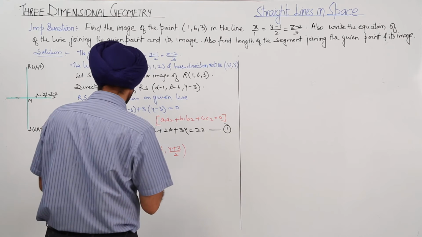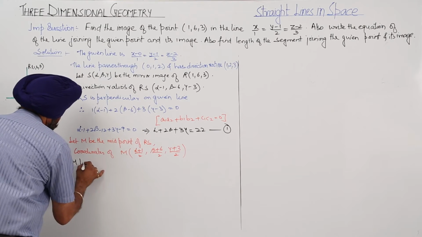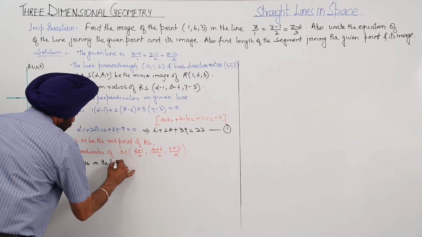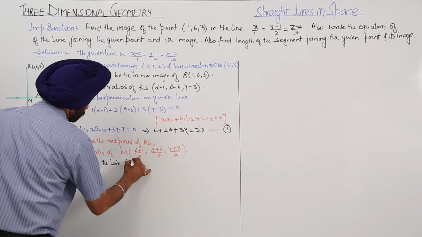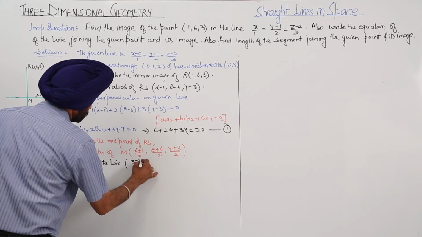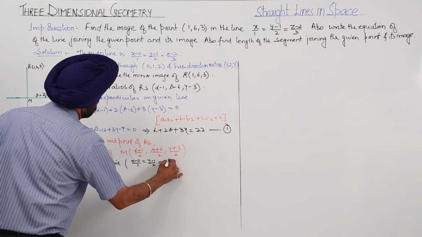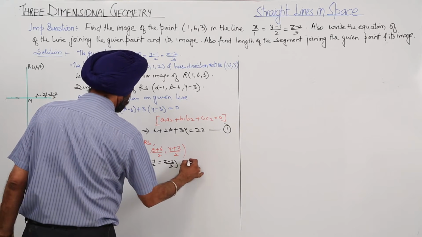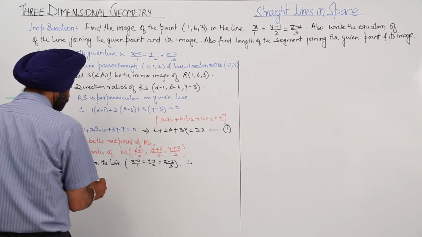Now M lies on the line x minus 0 upon 1 is equal to y minus 1 upon 2 is equal to z minus 2 upon 3.